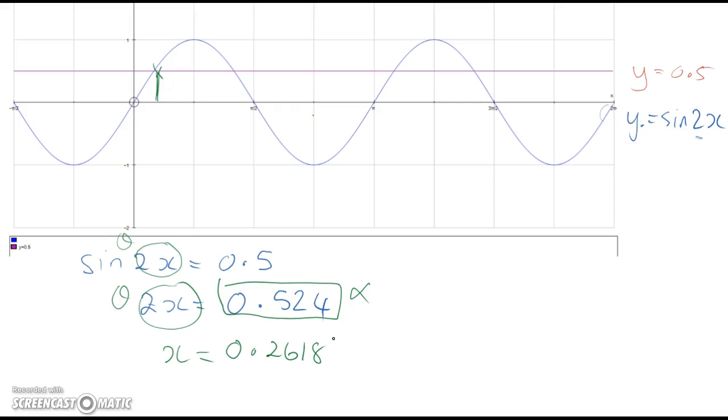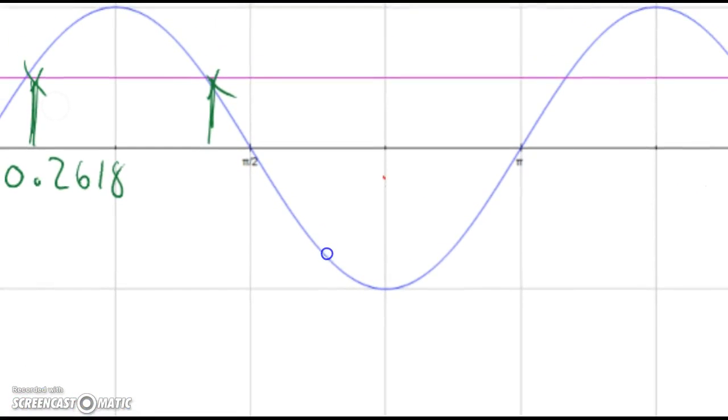Okay, so this is the point 0.2618. This point here, however, instead of being pi minus like the last one was, if you look in there nicely, you can see that it's pi over 2. So this point over here would be pi over 2. I know that this distance is 0.2618. To be pi over 2 minus 0.2618.